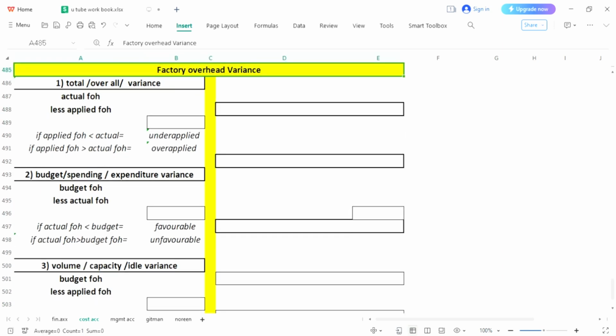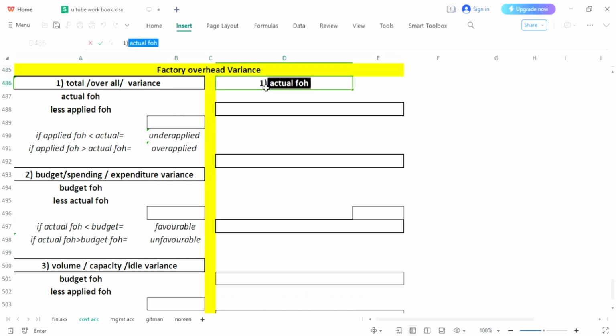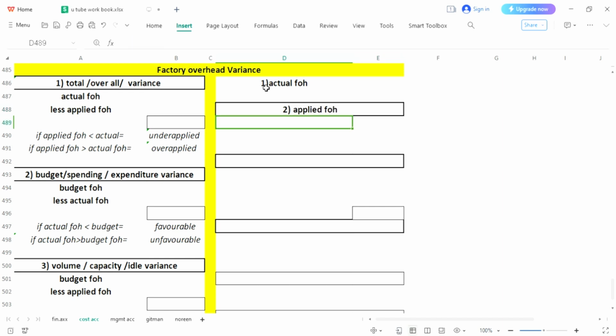So in this way, our variances would be completed. To fill amounts over here, there are three major inputs. The very first is actual FOH. Actual FOH normally is given in the question, so we don't need to worry about that. Second important thing is applied FOH. Applied FOH would be calculated with a single-line formula.